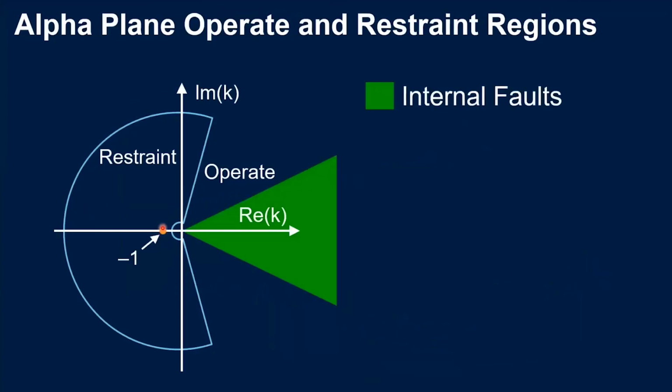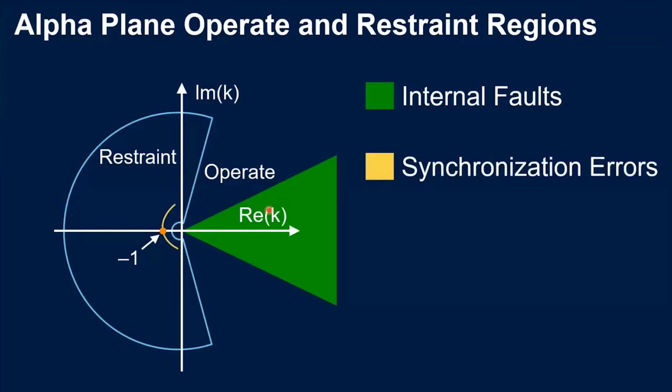We saw that the internal faults will fall in the right side of the alpha plane. What's inside this zone is restrained, so the relay does not operate if the operation point is inside. But if it's outside, it will operate, for internal faults in this case.